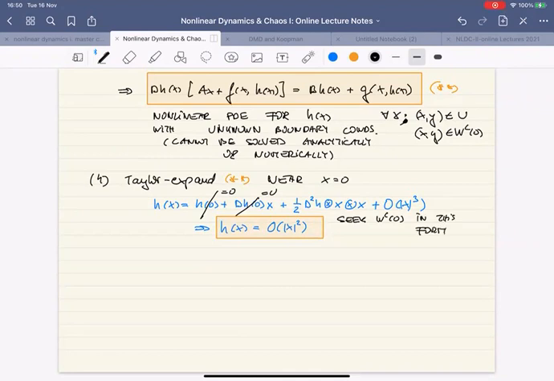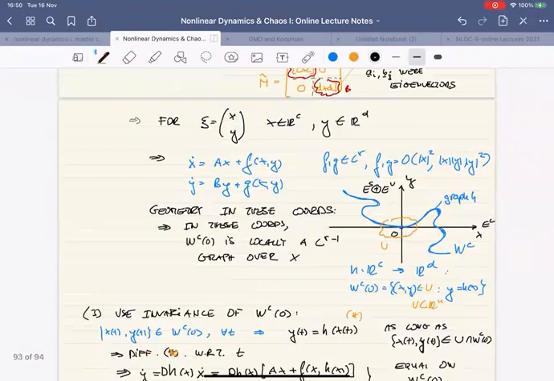Remember that this is only possible after you have made this change of coordinates. Had we not made this change of coordinates, then there would be uncertainty whether this representation for h as a graph is valid or not in my current coordinate system.